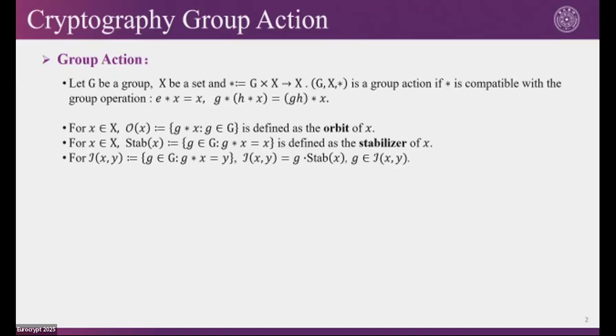For any x, O_x is defined as the orbit of x, and Stab_x is defined as the stabilizer of x. And for I_xy, it's defined as the group element that maps x to y, and it's a coset of Stab_x.